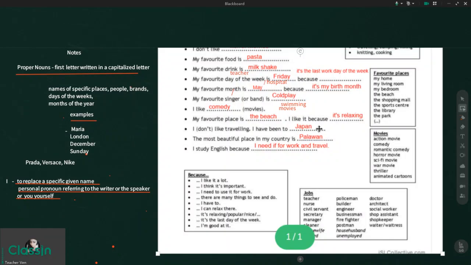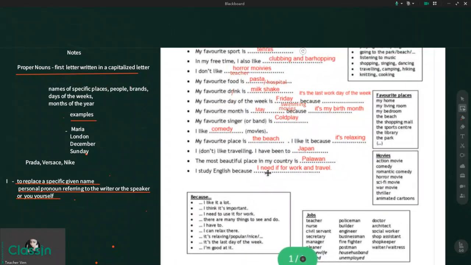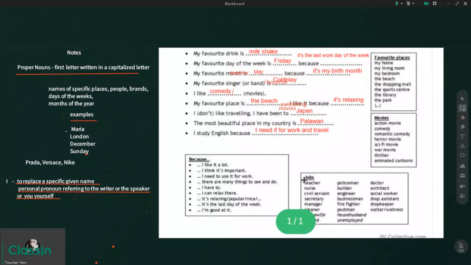I have been to Spain, anything, okay? But this is the correct format. And again, Japan is a specific name of a place, so you have to write it with a capital letter J, and the rest are small letters. Again, the first letter is capitalized and the rest are small letters. Okay? Remember about proper nouns.